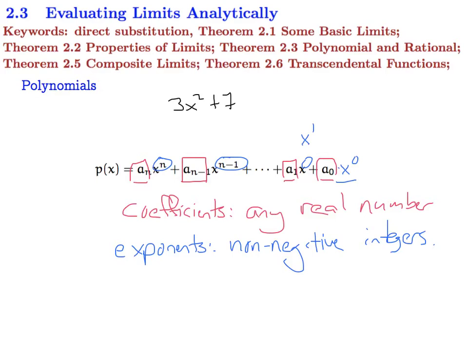Now, what's nice about polynomials is that you can go ahead and substitute and compute these right away. You don't actually have to go about breaking them up. The reason for this is because every time you break them up, you're going to do the same thing. If you wanted to compute the limit as x approaches 1 of x cubed plus 2x plus 3, well, what you'll do first is you'll break it up across the additions, so you'll have 3 separate limits.